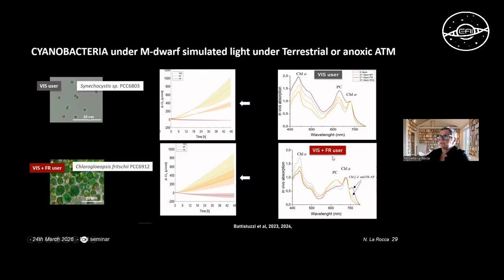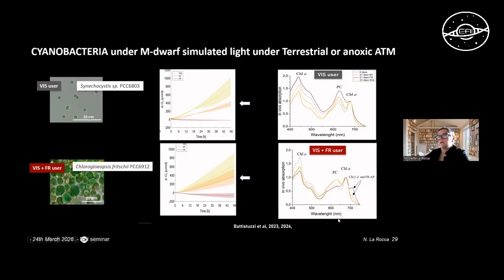And the changes in light absorption by the cells obviously could affect the reflectance spectra of organisms that could live on exoplanets.